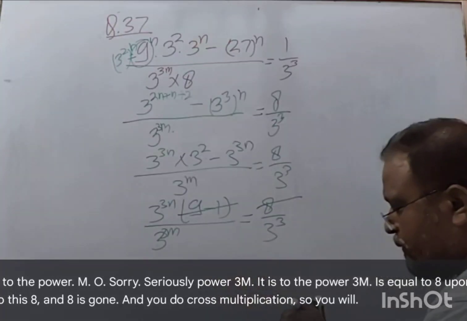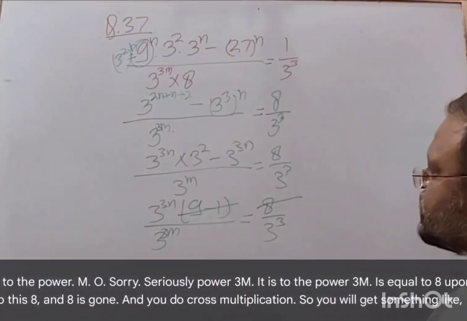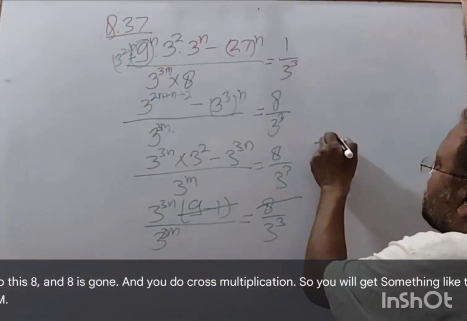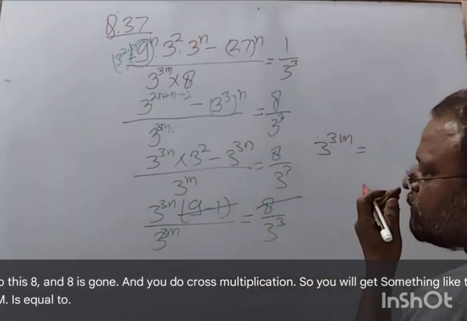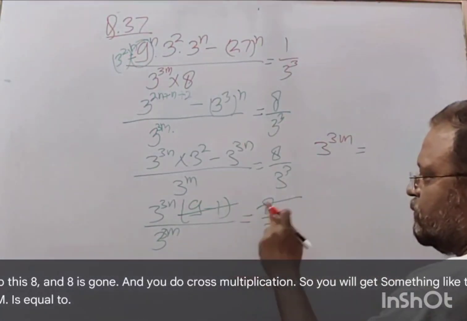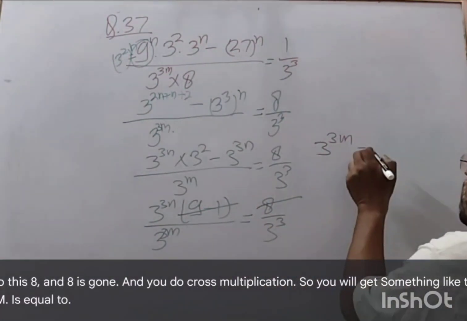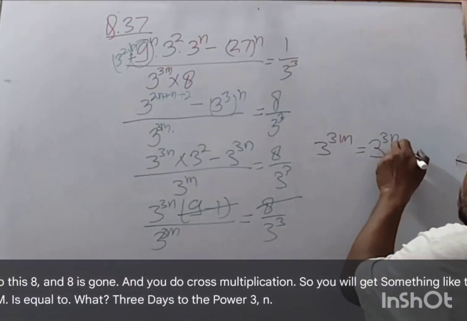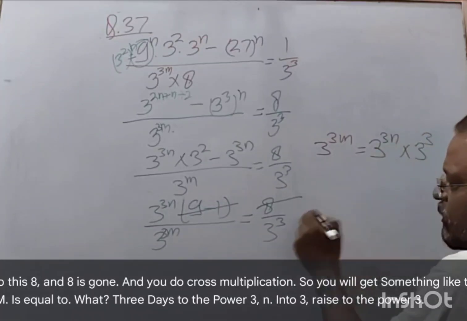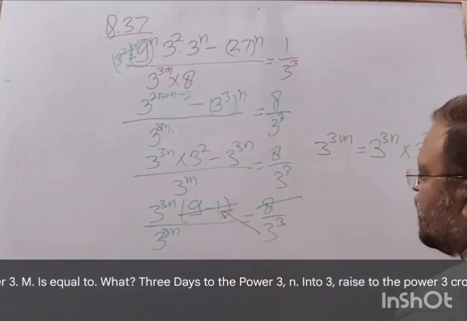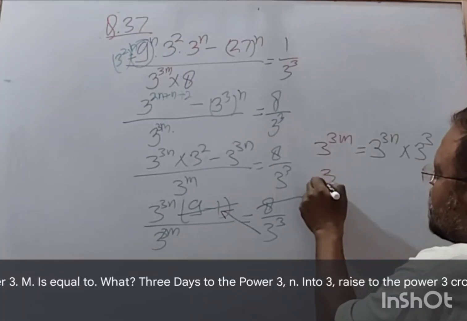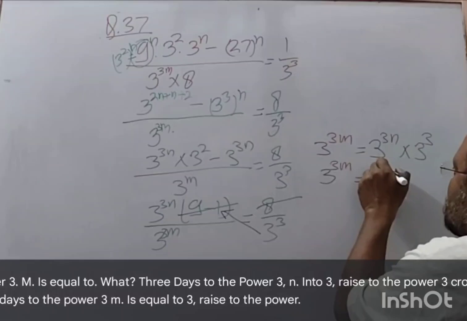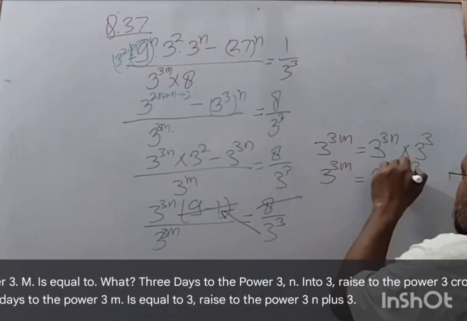So you will get something like this: 3 raised to the power 3m is equal to 3 raised to the power 3n into 3 raised to the power 3. Cross multiply. So it is 3 raised to the power 3m is equal to 3 raised to the power 3n plus 3. Right?